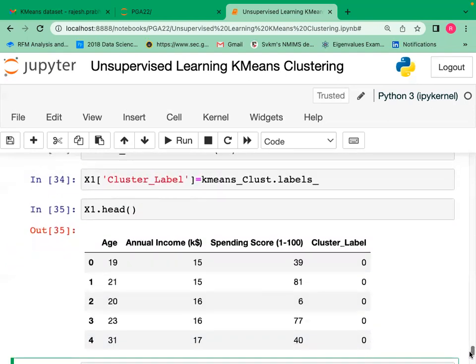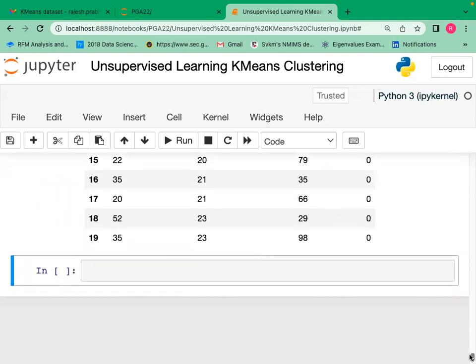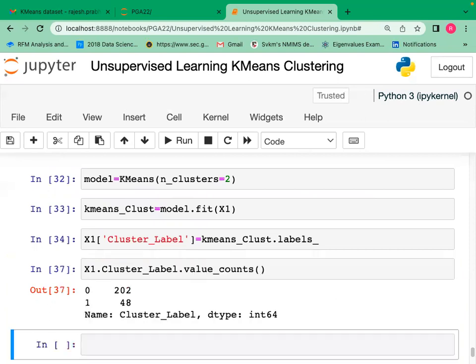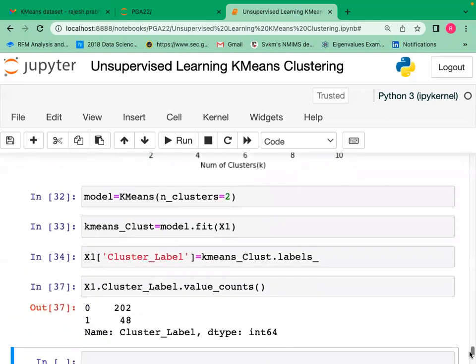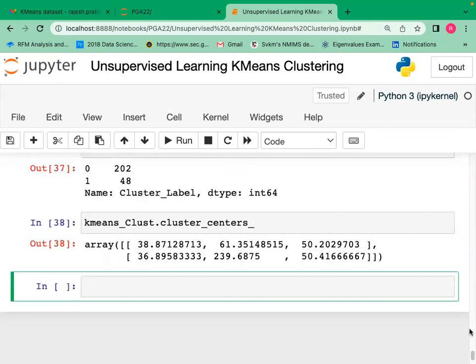So you can see the cluster labels. So 202 in cluster 0, 48 in cluster 1. Cluster centers are this.